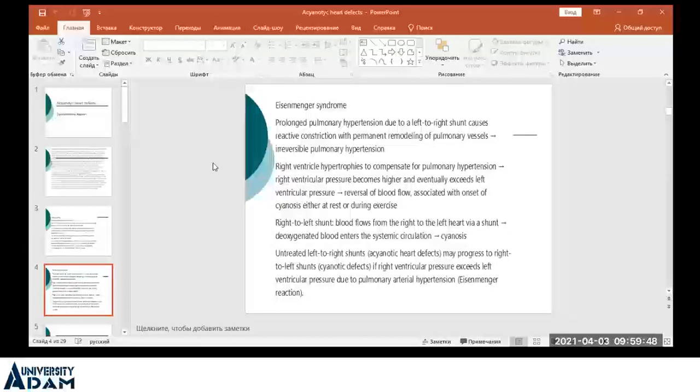Eisenmenger syndrome also underlies the pathophysiology of many heart defects. It explains that prolonged pulmonary hypertension due to left-right shunt causes reactive constriction with eventual remodeling of pulmonary vessels, irreversible pulmonary hypertension.